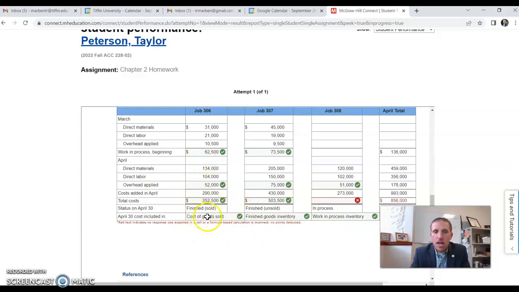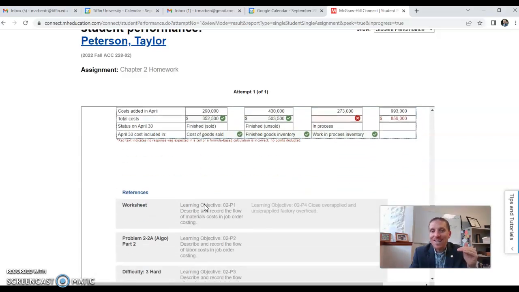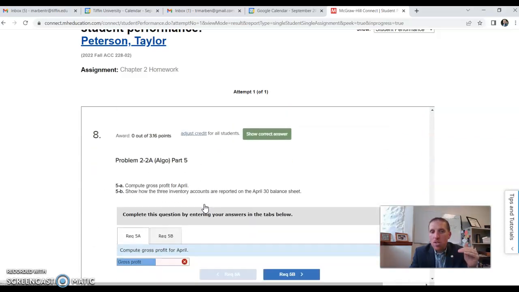So what we need to look at is what did we sell this job for minus the total cost of that job. Okay, so all the revenue for 306 minus all the cost, 352. That's going to give us our initial gross profit, but we need to adjust that slightly, like what we worked on in class, by that overhead adjustment.